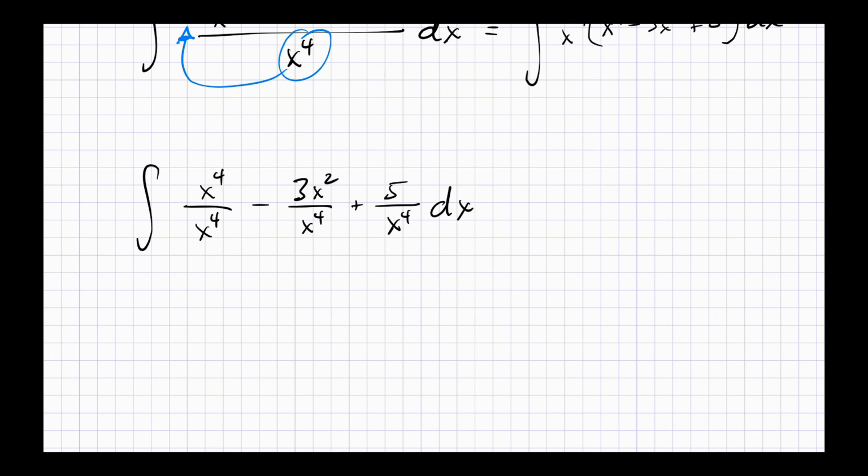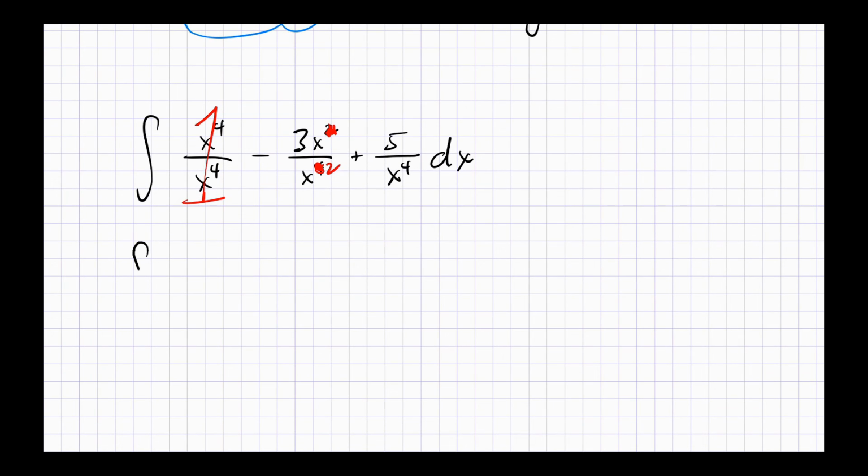Right? So this guy here just makes a big 1. This guy here, these powers go away. These powers become 2. The last one, what it would simplify to is 1 minus 3 over x squared plus 5 over x to the fourth.